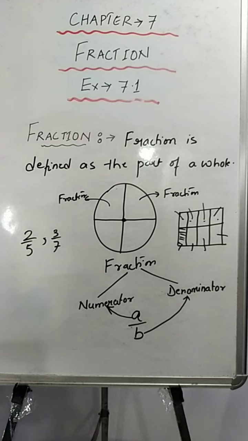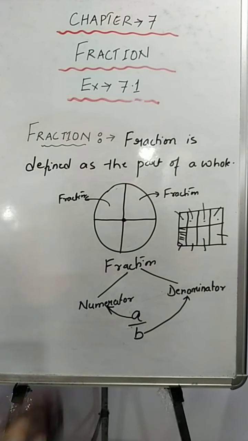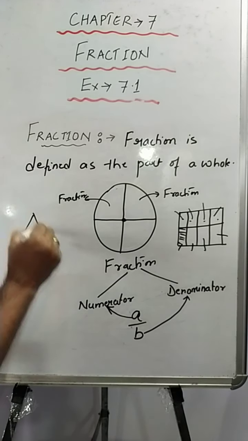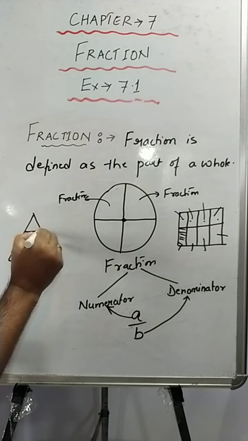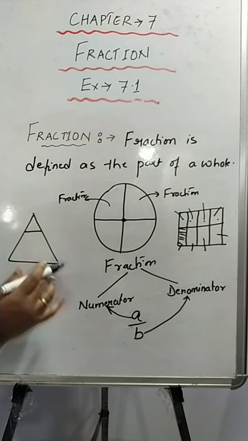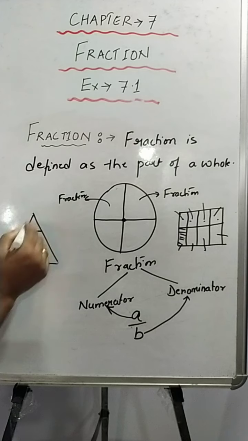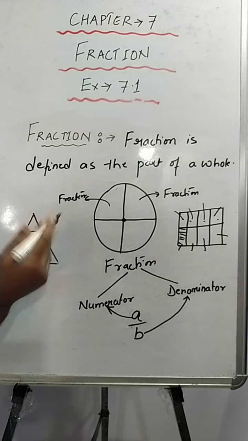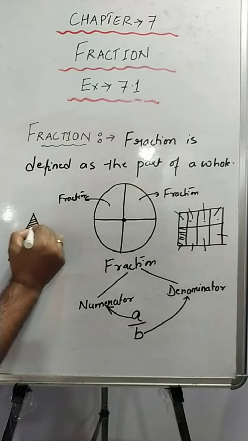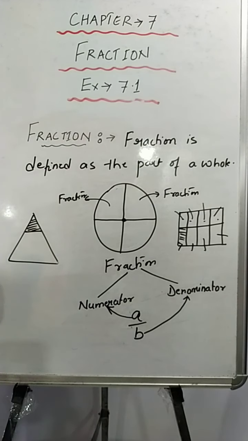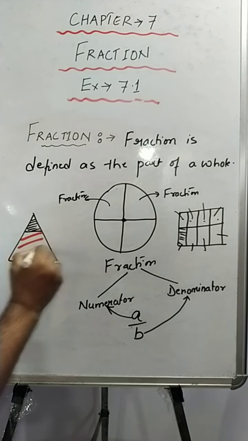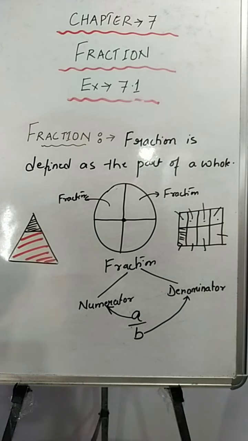Now suppose I say like this. Have I divided this entire whole figure into 2 equal parts? No. Because if I shade the bottom part, you see the 2 parts are not of the same size, isn't it?